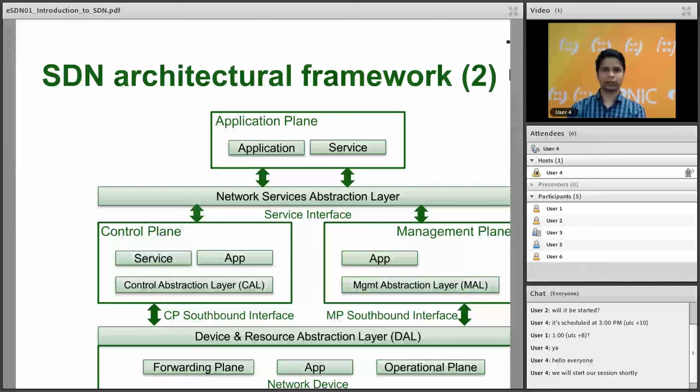The next one is basically by the IETF, right? It's a more complex one, but you can find the detailed explanation in RFC 7426.